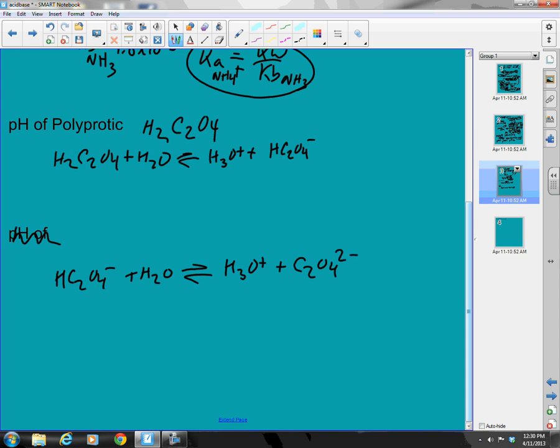Okay, good. We start off with 0.100, and we get minus x, and we're going to have a Ka1 and make our assumption. Out of this, we'll be able to get a hydronium, and we're going to base our pH on this because we assume the amount of hydronium that comes from the second hydrogen is insignificant.